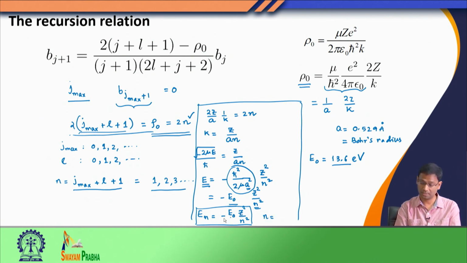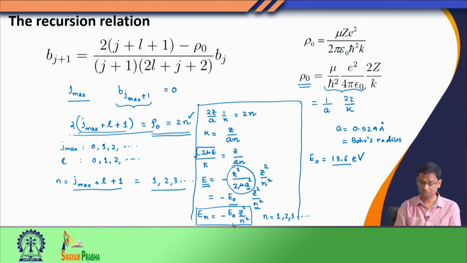So, here the energies are for n equals 1, 2, 3 and so on. For the hydrogen atom when Z equals 1, I have got only this term, minus 13.6 electron volt. Lowest energy is obtained when n is equal to 1, and that value is simply minus 13.6 electron volt. That is the lowest energy of the hydrogen atom.